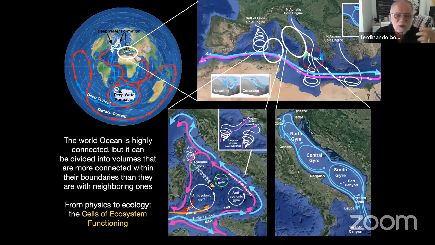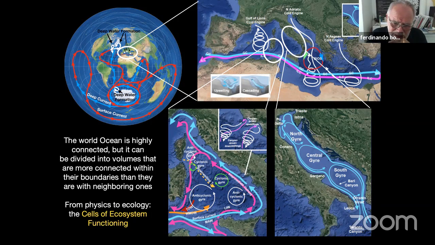Of course, we saw that the whole world is connected. So there is the Great Ocean Conveyor. But there are other parts of the planet that are more connected than the whole system. And here I have a snapshot in the Mediterranean. But then the Mediterranean can be divided in other units according to the circulation of the waters.